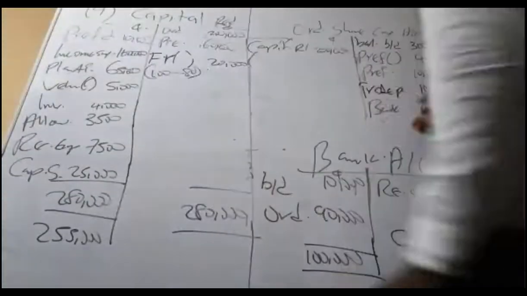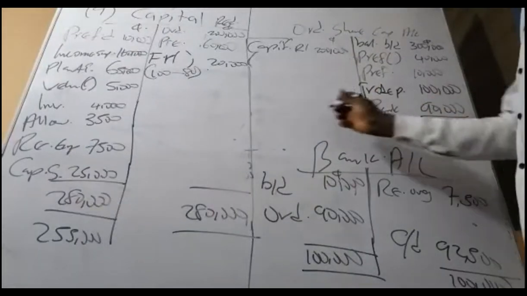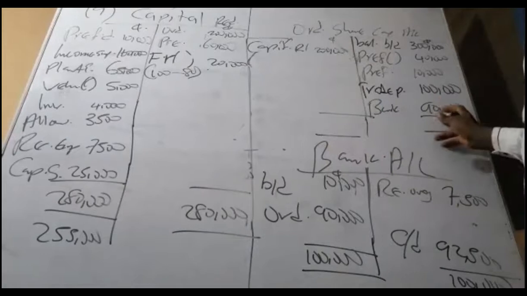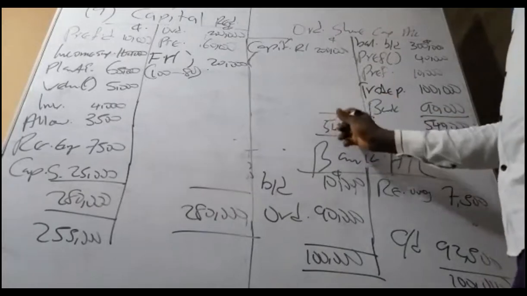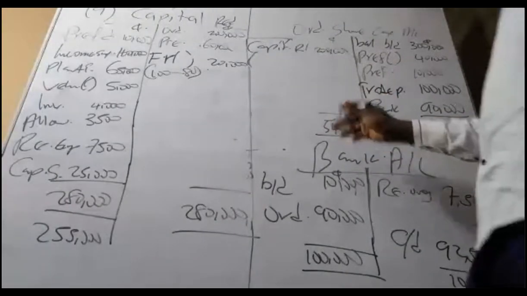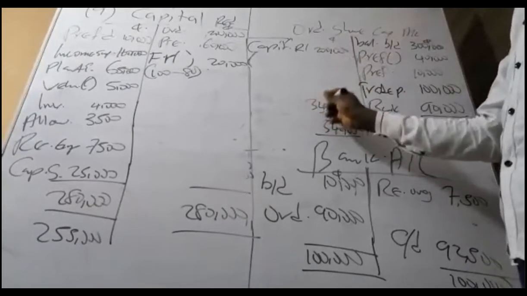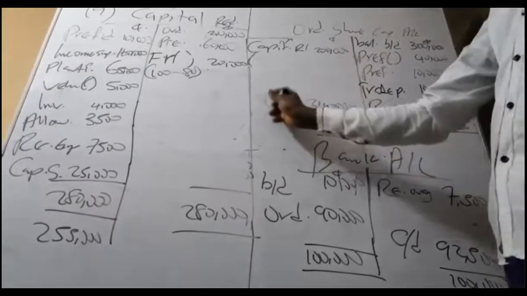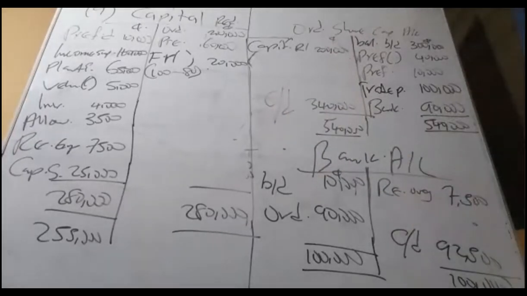Now it's definitely this will be more than this. So I'll leave a line and then come here. Here is 540, right? 540,000. So the difference between 540 and 200 is 340. So that's 340,000, and that's the balance carried down. We are done balancing all. So let's go and prepare the balance sheet.